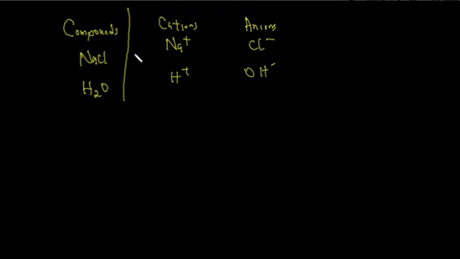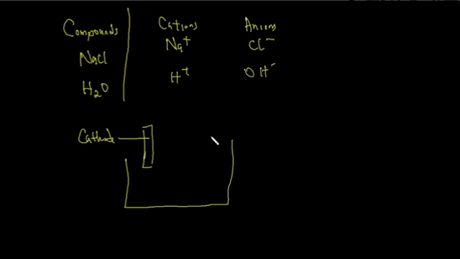Now listen. These two cations, where would they go to? Cathode or anode? Thank you. So when they come here, Na+ and H+, between the two of them, who will be discharged and leave this solution?